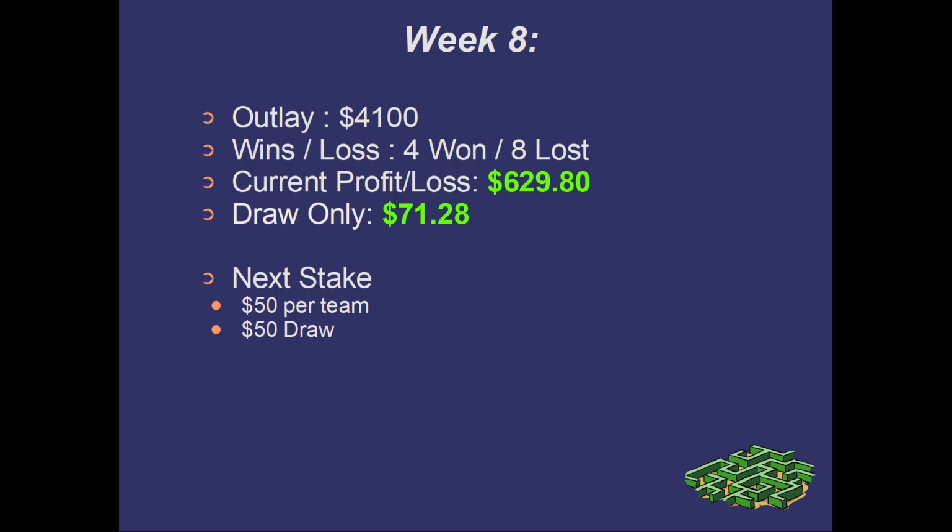Now, I do have a slightly progressive staking plan that I am applying to this. We were lucky in that it had increased, and then we got that big win on India. So looking pretty good there with the profits at the moment. The next stake is $50 on the teams and $50 on the draw.